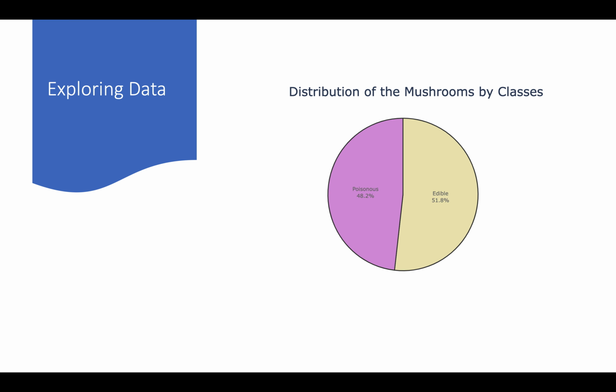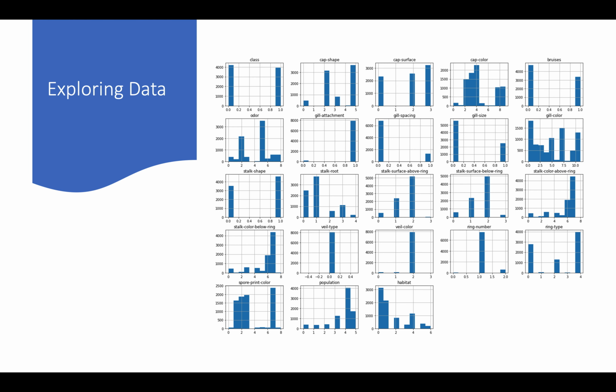Let's do some simple exploratory analysis of our data. First, we'll have a look at the distribution of the mushrooms by classes. As we could see in this pie chart, 48.2% of mushrooms are poisonous in our data set, and 51.8% are edible mushrooms.